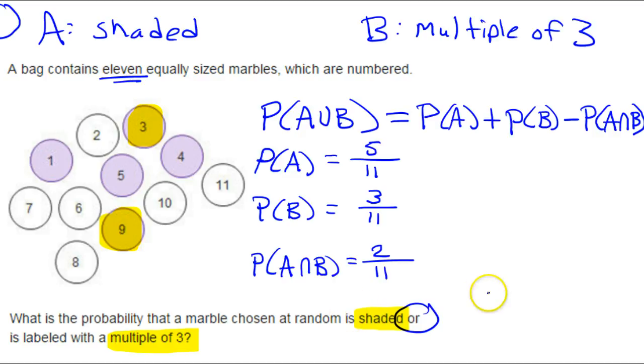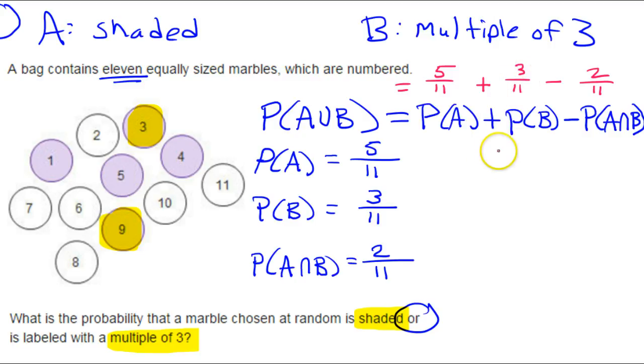Okay, so the probability of A or B then should be the sum of the first 2 minus the third one. Okay, so 5/11 plus 3/11 minus 2/11. Well, 5/11 plus 3/11 is 8/11.